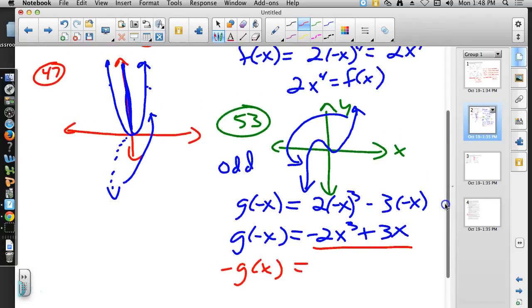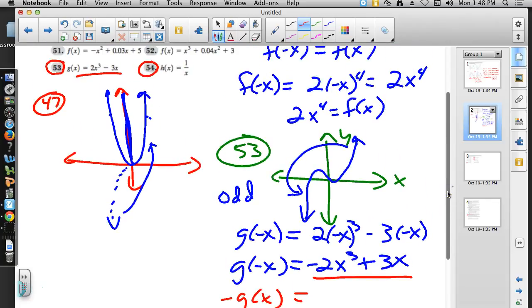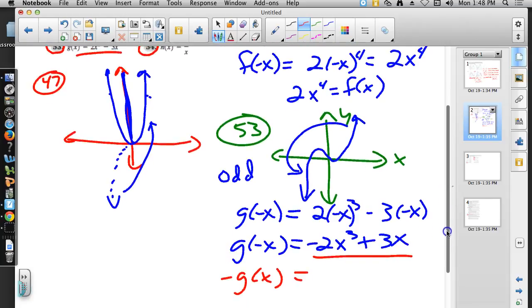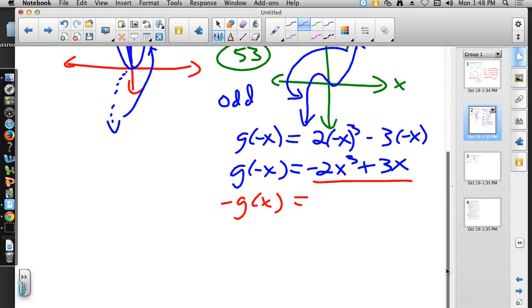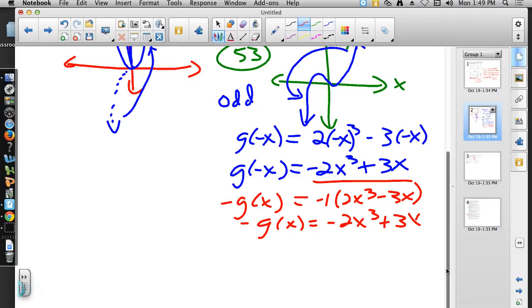So we go back to g of x and we see that it was 2x to the third minus 3x, and we're going to multiply that by a negative 1. And sure enough, it is negative 2x to the third plus 3x. So that verifies that this is odd.